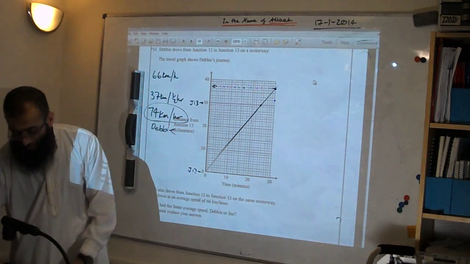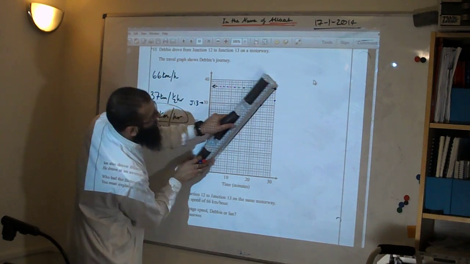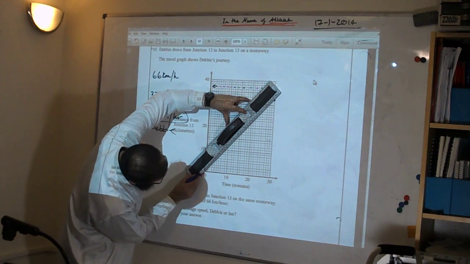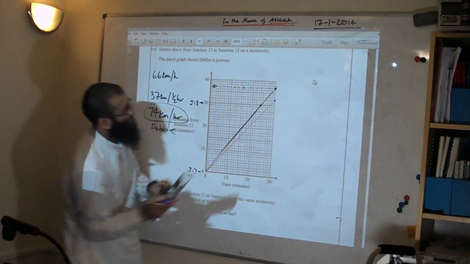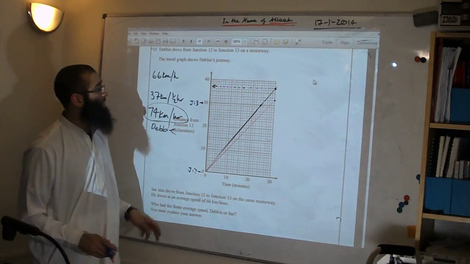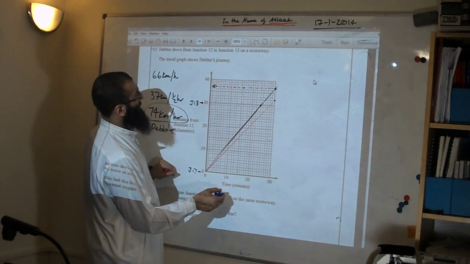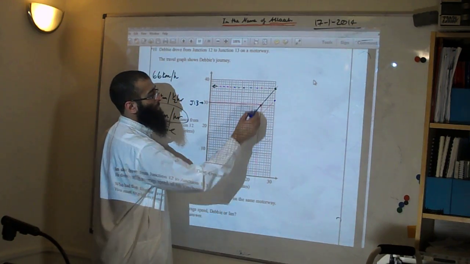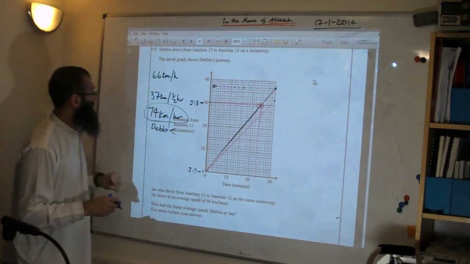So we can see by using both techniques. There's Ian's. Because Ian's graph is below hers, that shows that Debbie is traveling at a faster speed. Because she has to reach here. So this person reaches there first.